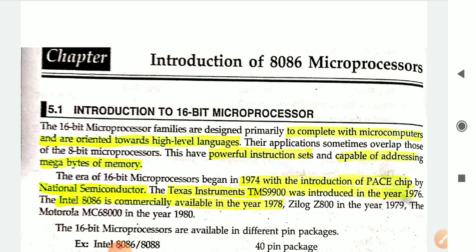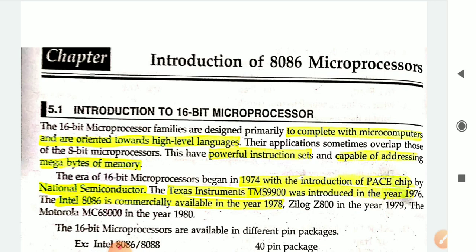In this entire video, we will talk about the introduction of the 8086 microprocessor. So let's start with the introduction to the 16-bit microprocessor. It is known as the 16-bit microprocessor, whereas the 8085 microprocessor is known as the 8-bit microprocessor, but here the 8086 microprocessor is known as the 16-bit microprocessor.